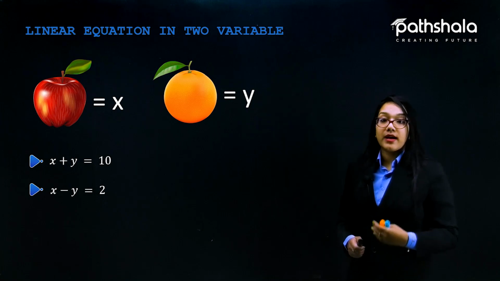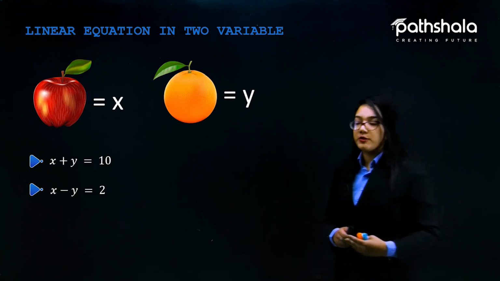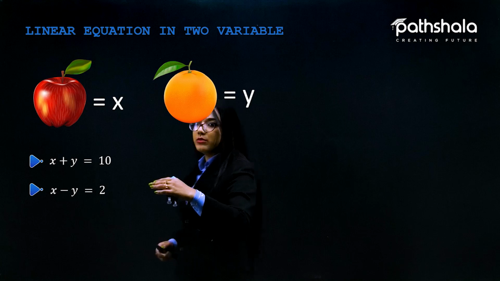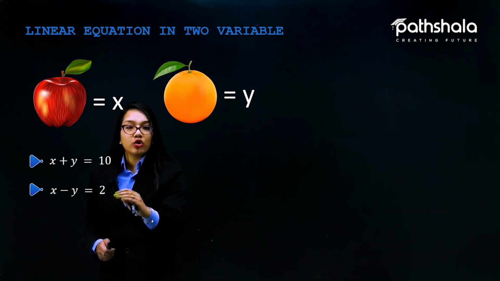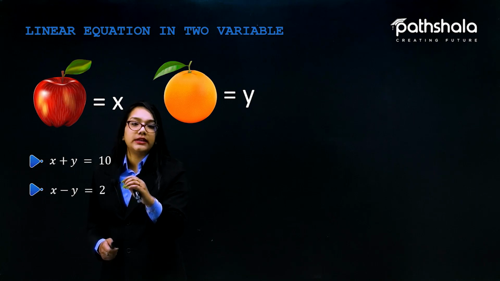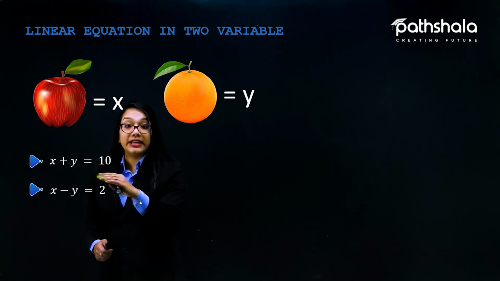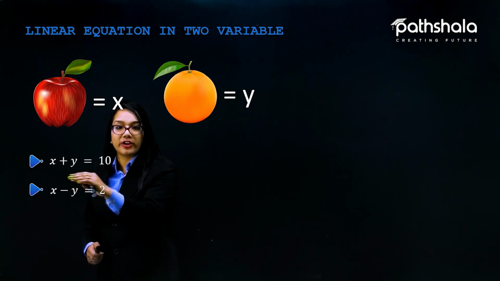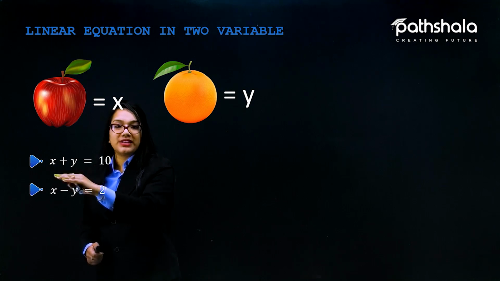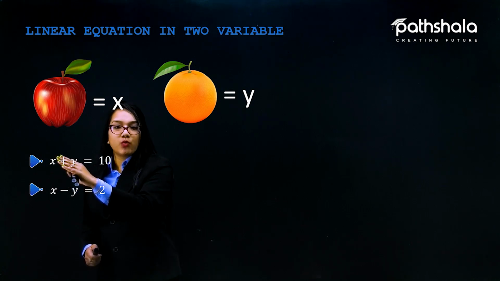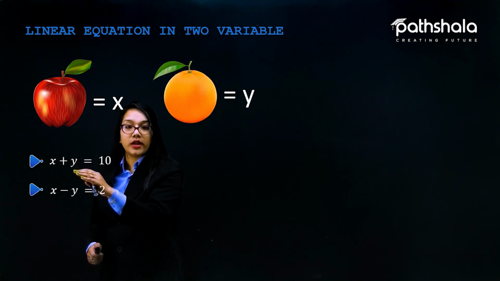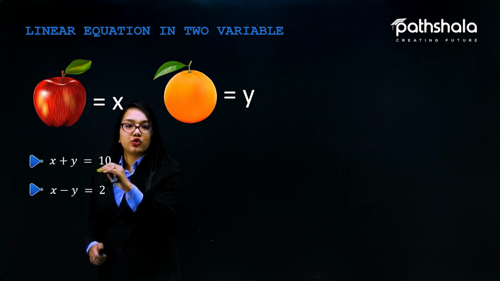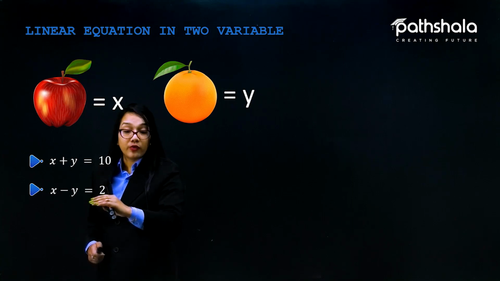Then they are called linear equations in two variables, because there are two variables in each equation, and both of them are linear because the degree of the variables present here is 1. As you can see, x is x raised to the power 1, so its degree is 1. Again, y's degree is also 1. So this is a linear equation in two variables.